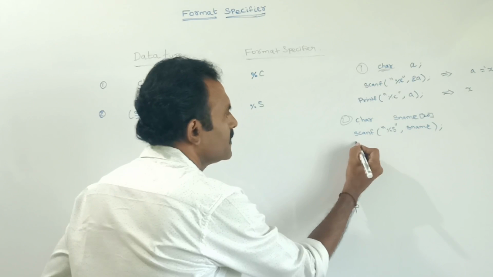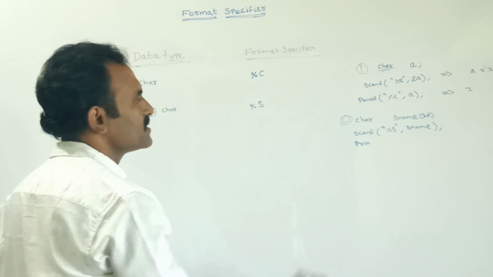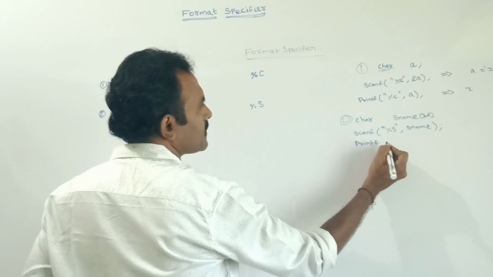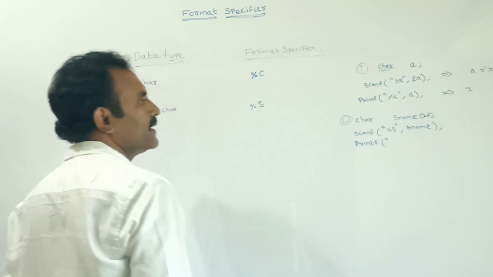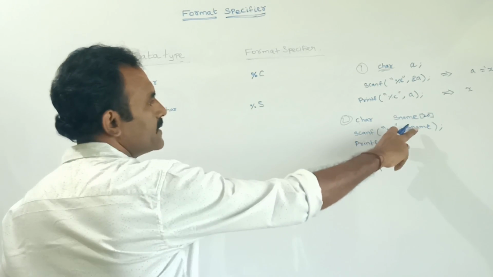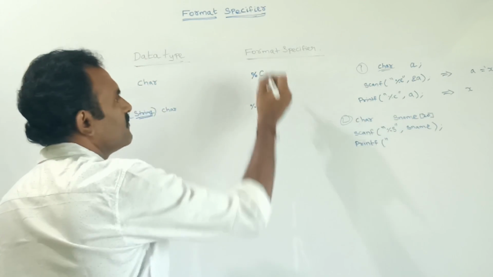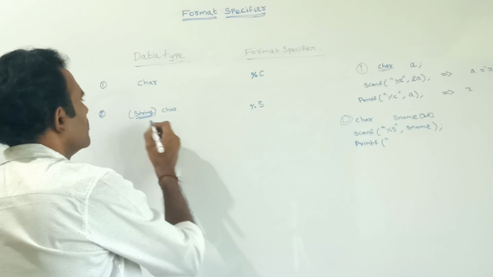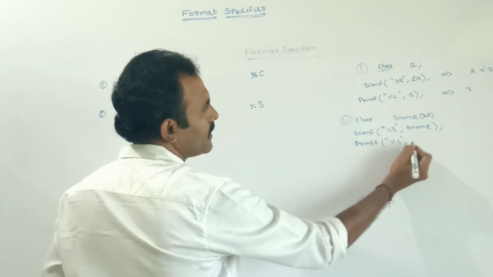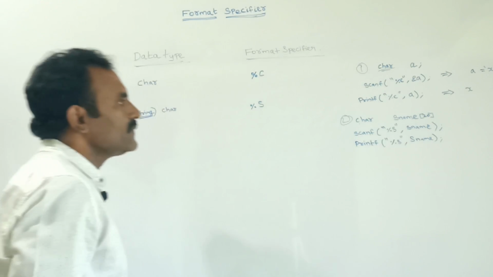Second, if I need to print that stored string, then I can use the printf function. With the help of printf I can display the values inside sname. Here also the first argument is the format specifier. The format specifier for string is %s. Here the same %s and sname.